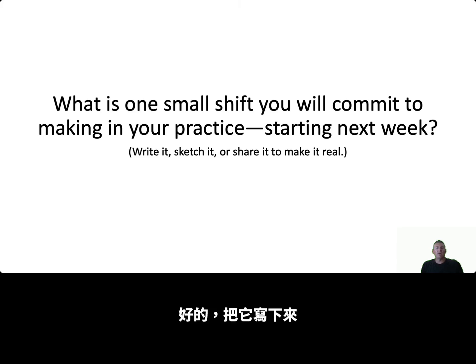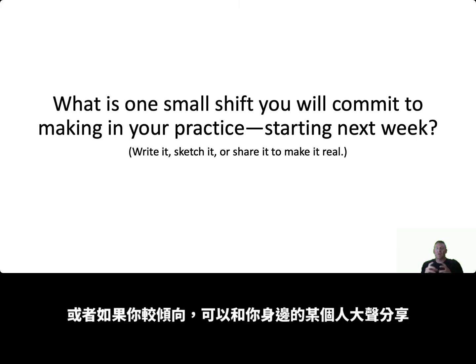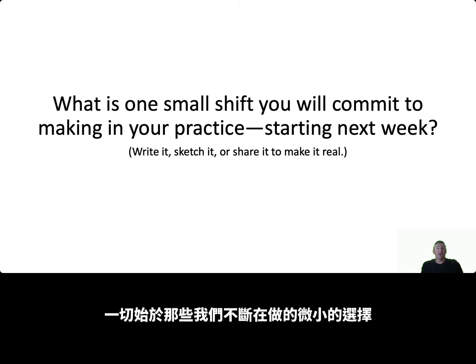Write it down. Journal it. Make sure that you have it available to you. If you want to sketch it, if that's your style, or if you prefer, share it aloud with somebody beside you. Change doesn't begin with big programs. It starts with the tiny choices that we do consistently.